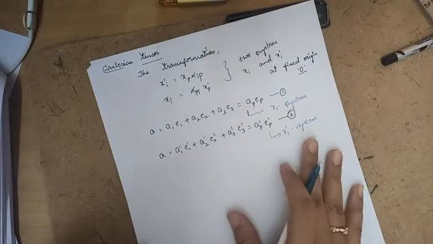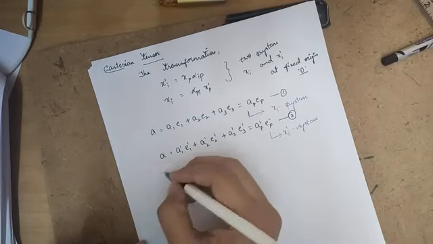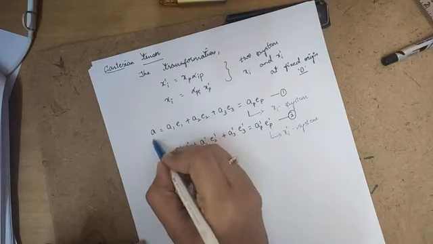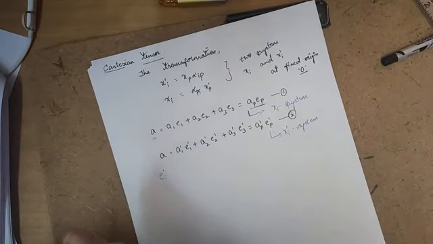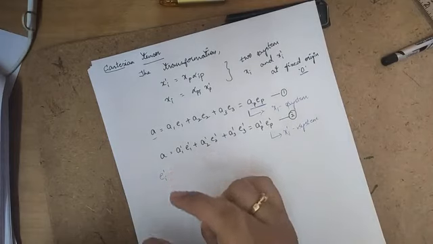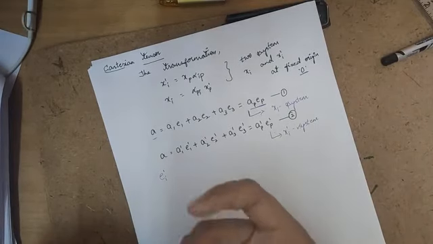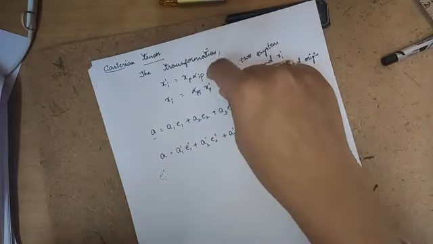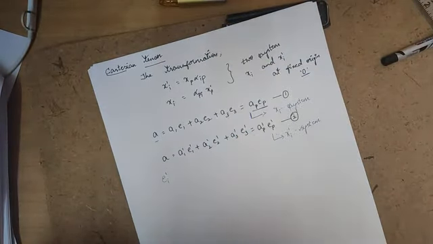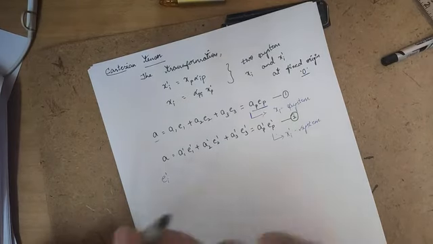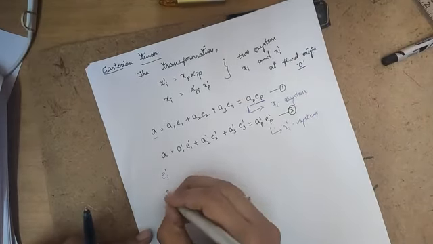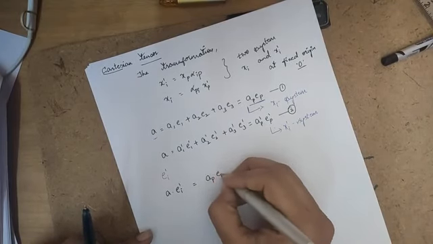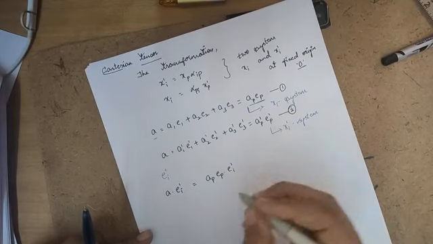So now I will take scalar product with ei dash on both sides of my equation 1. I am using this scalar product just to define Cartesian tensor. As I told you, I can define Cartesian tensor using these two transformations. So let's see how I will get it. A dot ei dash is equal to AP EP dot ei dash, that is scalar product.